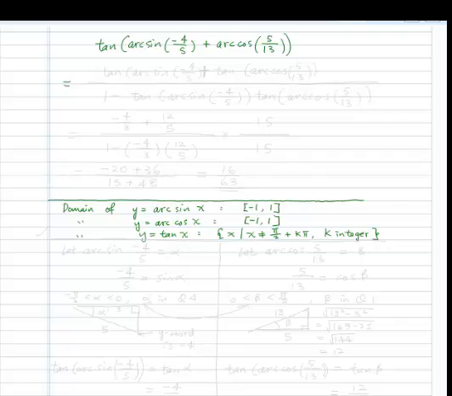It equals tangent of arcsine of -4/5 plus tangent of arccosine of 5/13 over 1 minus tangent of arcsine of -4/5 times tangent of arccosine of 5/13. Rewrite our scratch work at the bottom of the page.